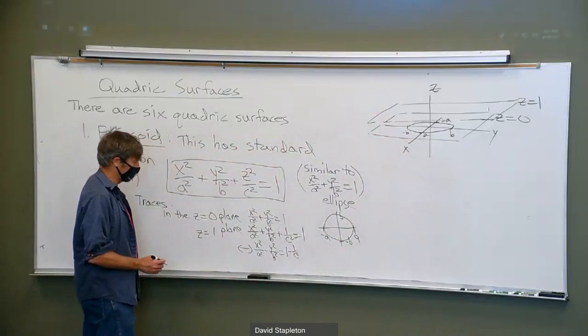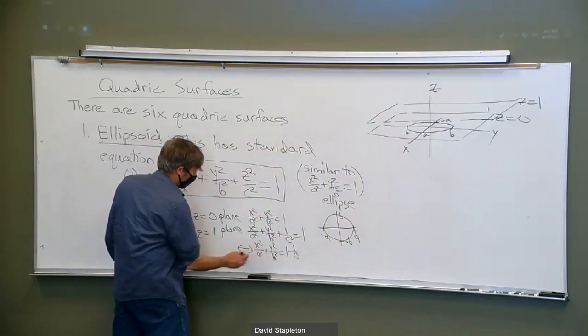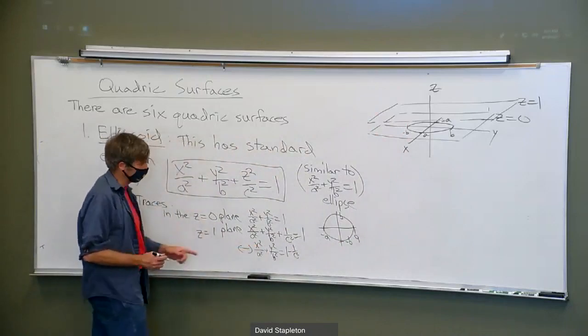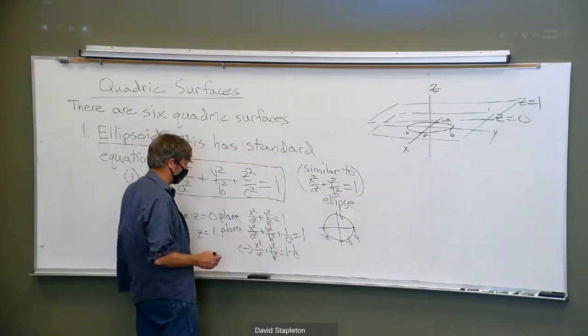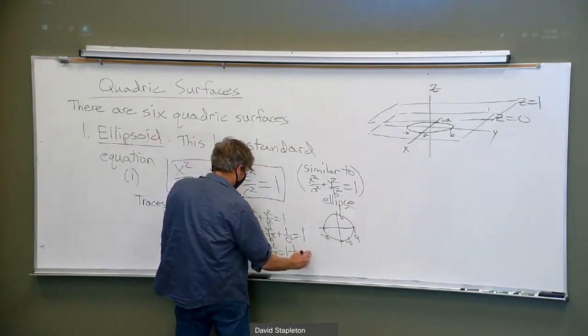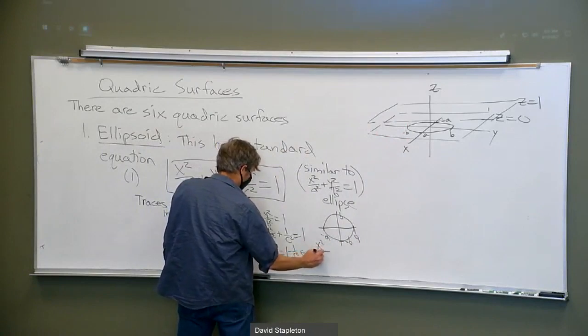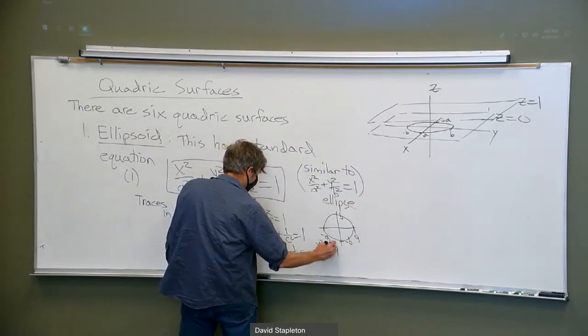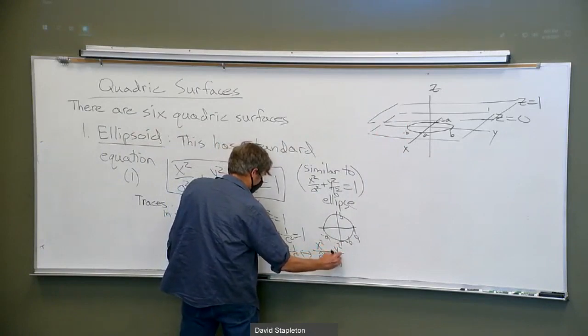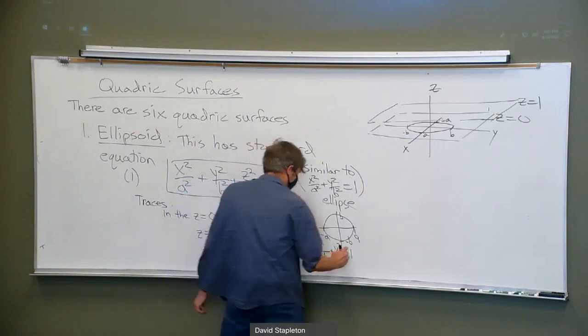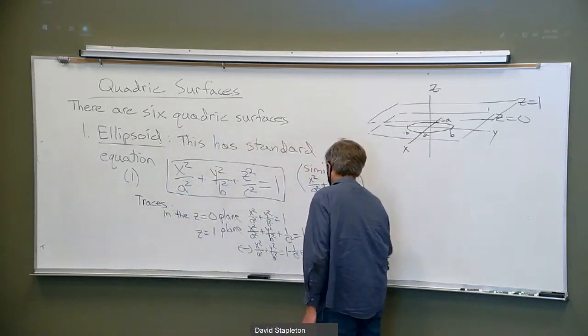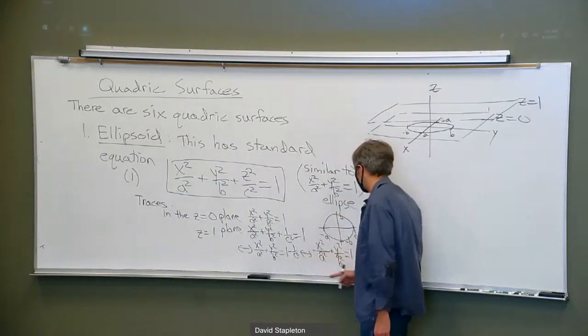Wonder what that is. I know what that is. I'll divide through by 1 minus 1 over c squared and write it equivalently as x squared over a hat squared plus y squared over b hat squared equals 1, where I've divided through by 1 minus 1 over c squared in this equation.